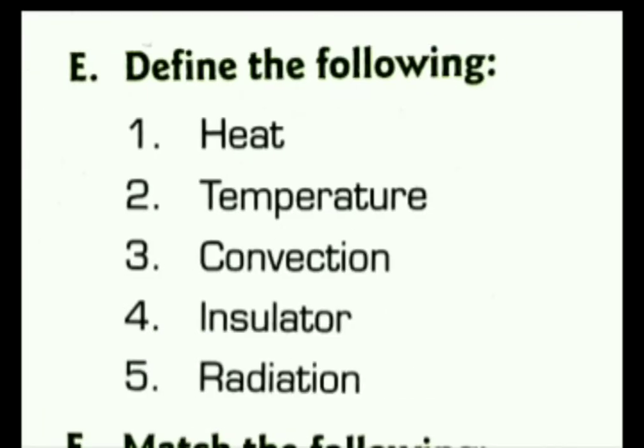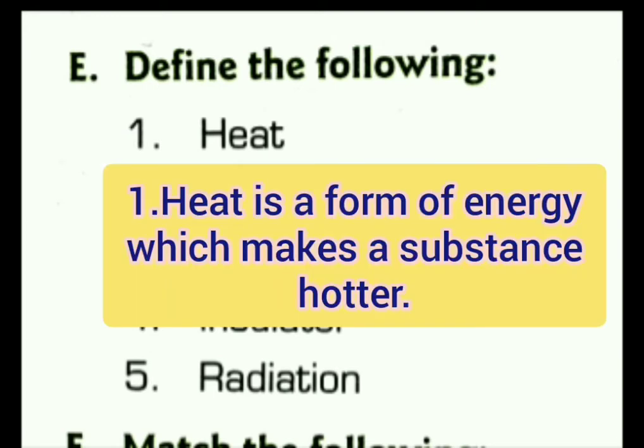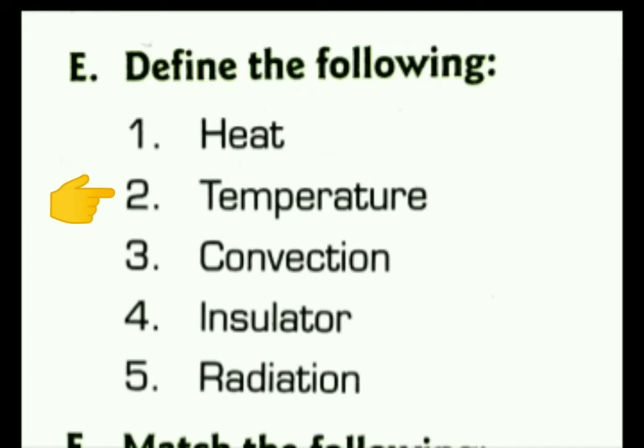Now let us see E. Define the following. E1, you have to define heat. Students, we can define heat as a form of energy. Heat is a form of energy which makes a substance hotter. This definition is appropriate, so you can write. Now see the second, E2.